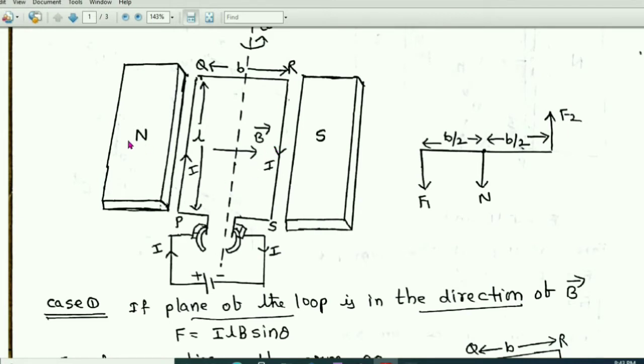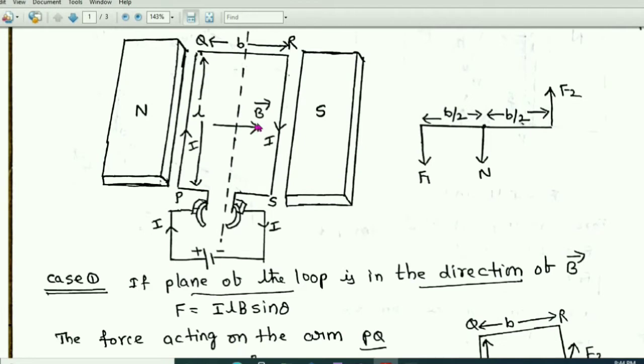Now for that, let us consider a simple case where the plane of the loop is in the direction of the magnetic field. That means if you consider the normal to this plane, the angle between the normal to the plane and the magnetic field is 90 degrees.